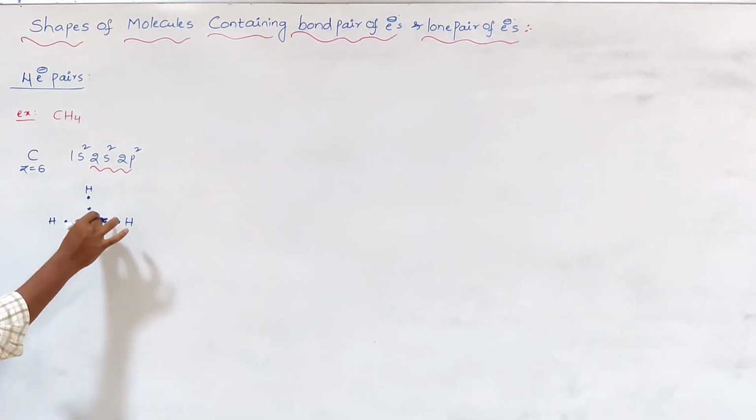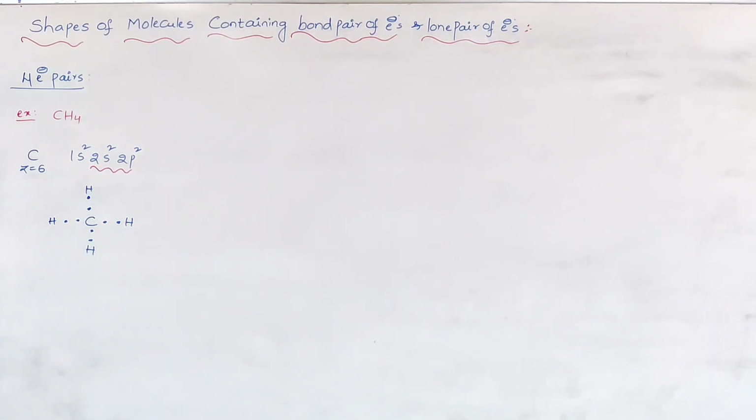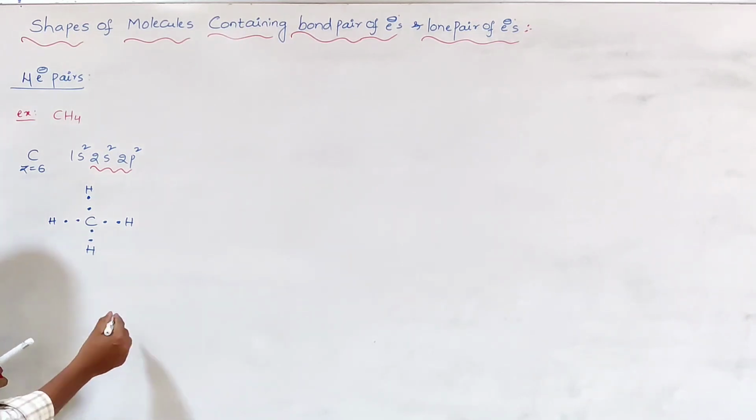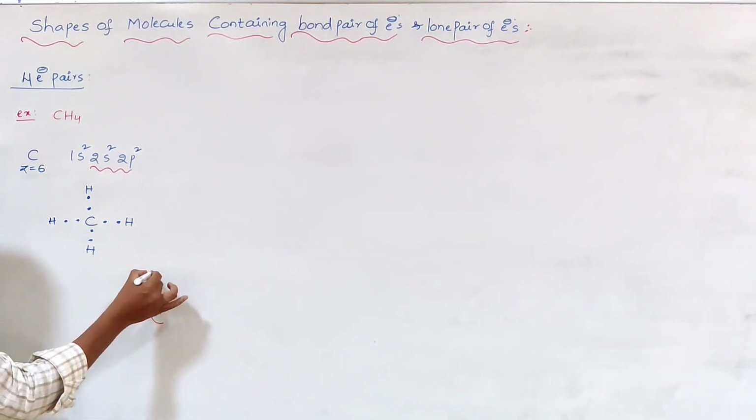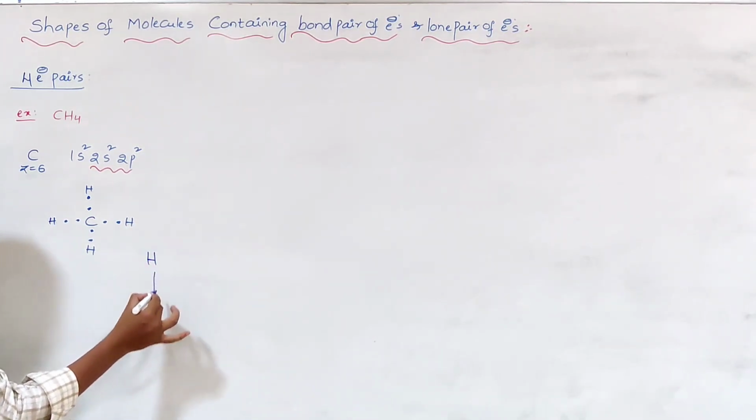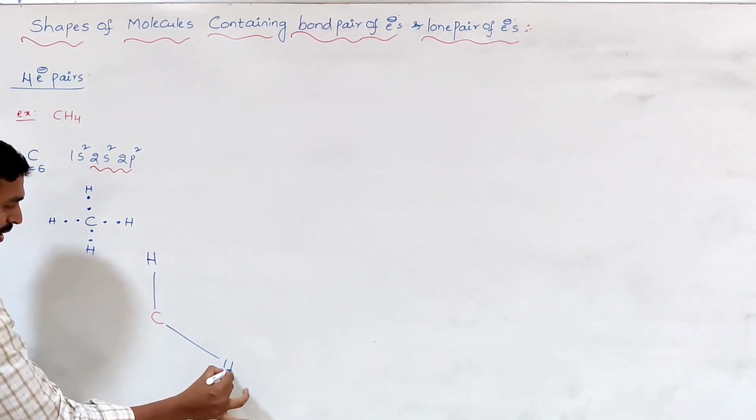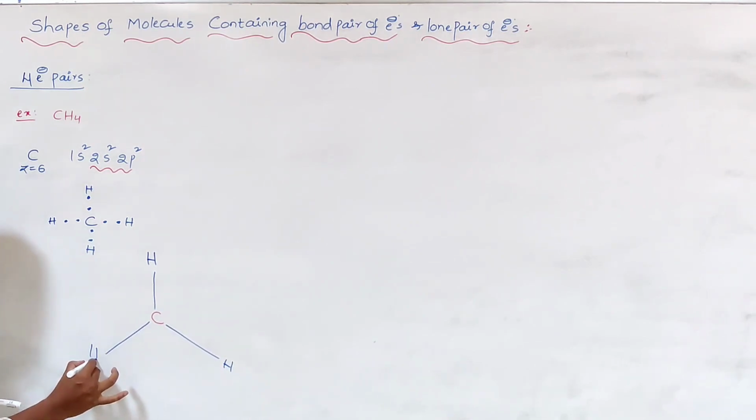If four electron pairs are present around the central atom, the molecule adopts, according to valence shell electron pair repulsion theory, tetrahedral geometry. The central atom is carbon, and the carbon is attached to the four hydrogen atoms in tetrahedral geometry.